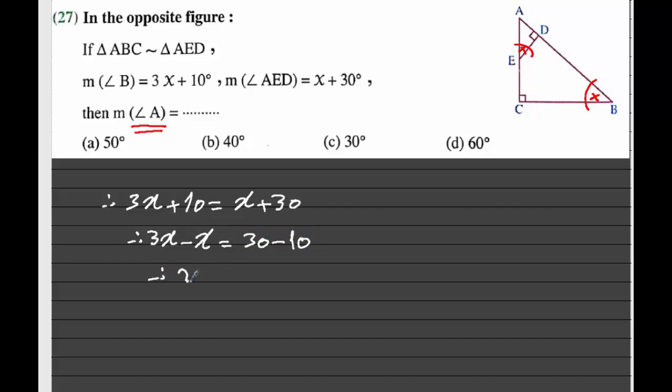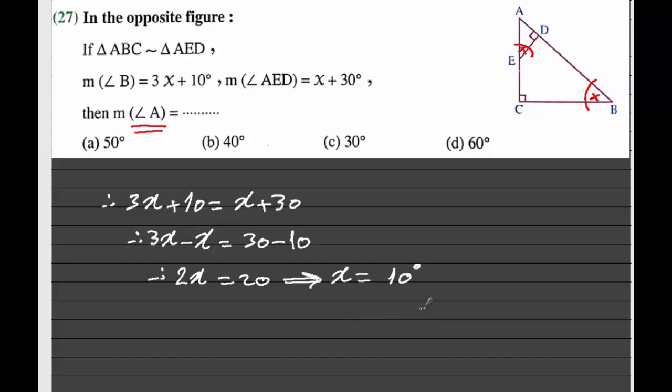So 2x equals 30 minus 10, it equals 20. It means x equals 10 degrees, of course. Okay.